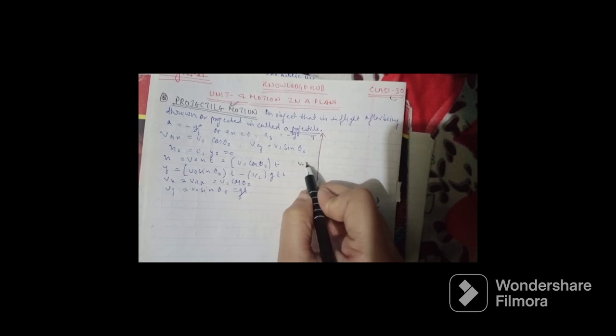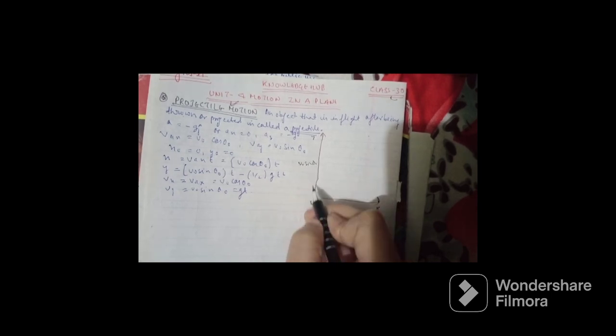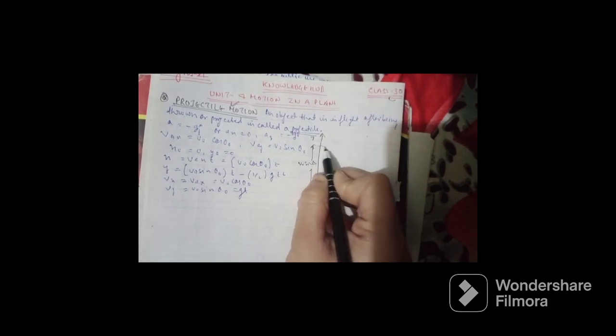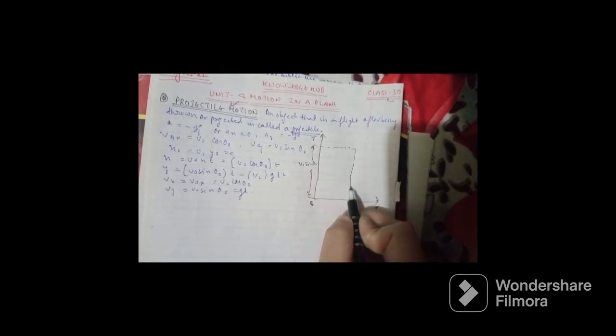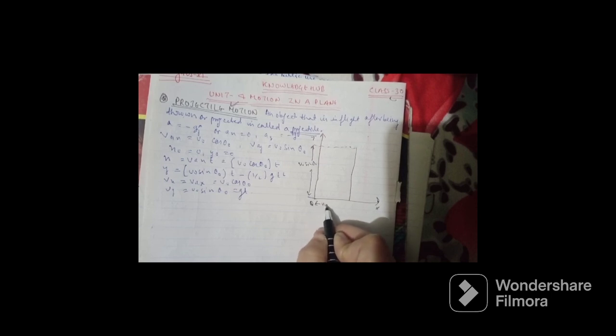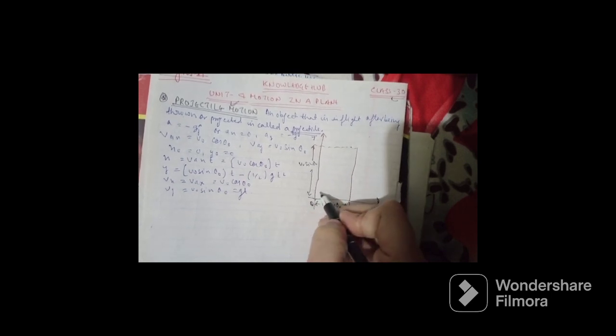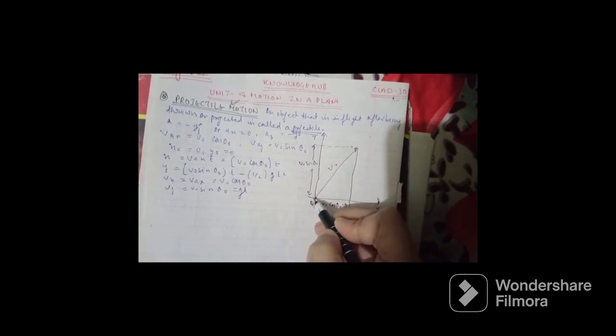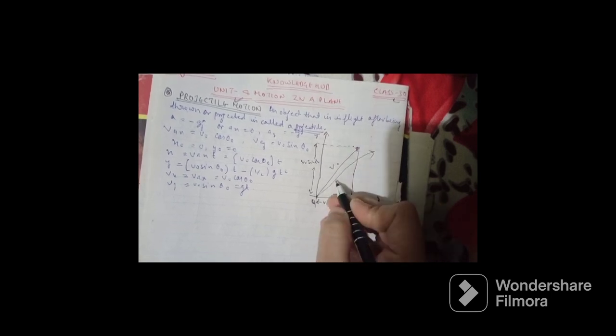Here v naught sin theta naught, and v naught cos theta naught, with v naught making an angle theta, and the acceleration is minus g j cap downward.